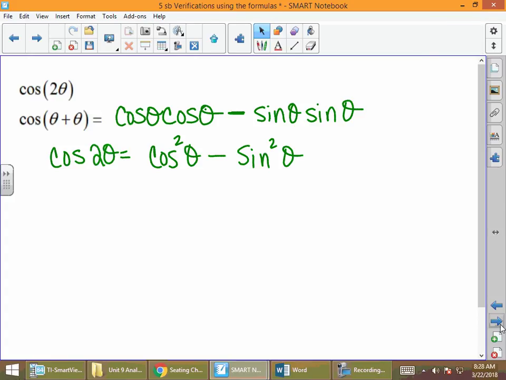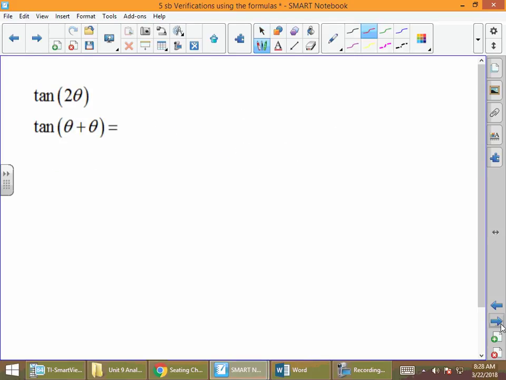One more, the tangent. And tangent of theta plus theta. Well, as we look at our paper here, we took the tangent of 2 theta, and we wrote 2 theta as 1 theta plus 1 theta. So now we can apply our sum identity, and that's going to say that we're going to fill in tangent of theta plus tangent of theta divided by 1 minus.